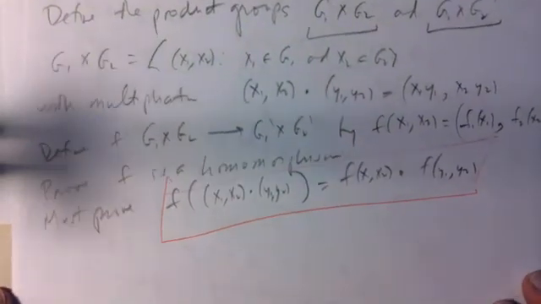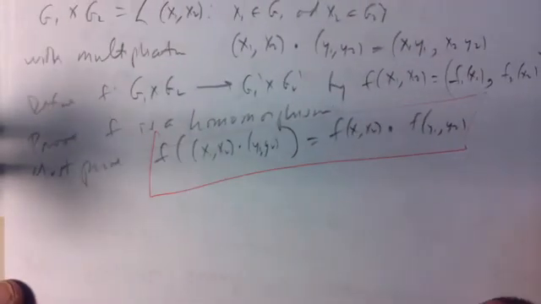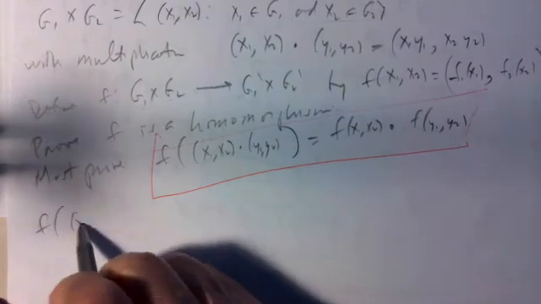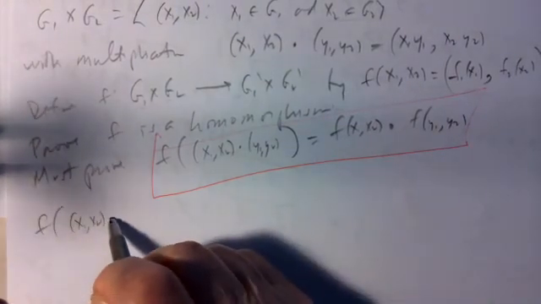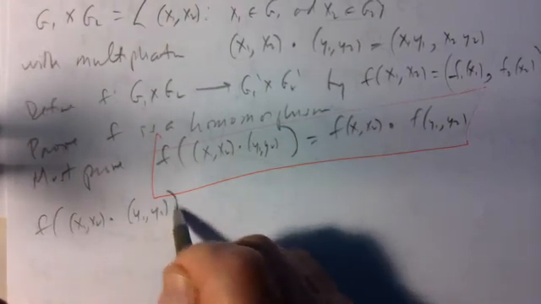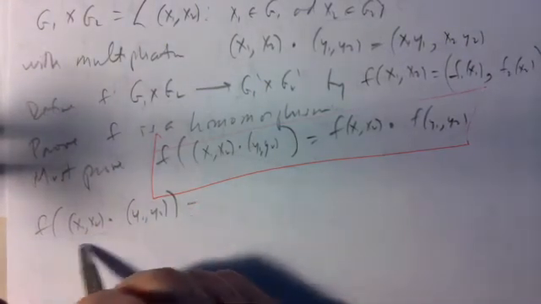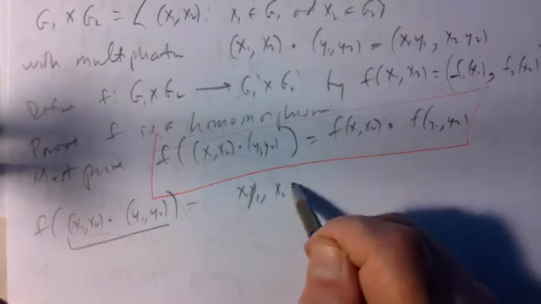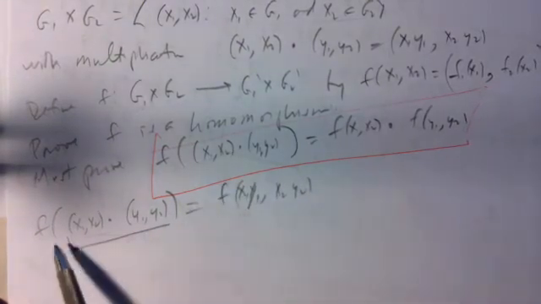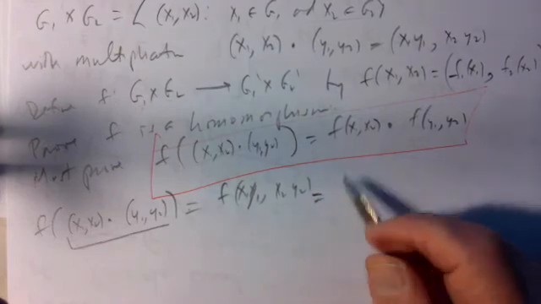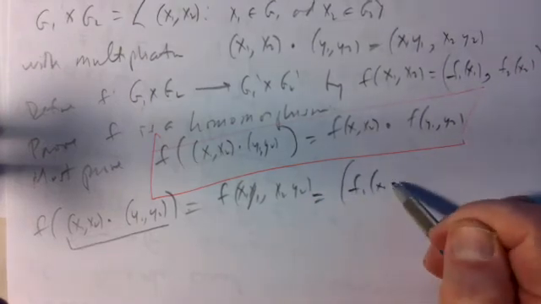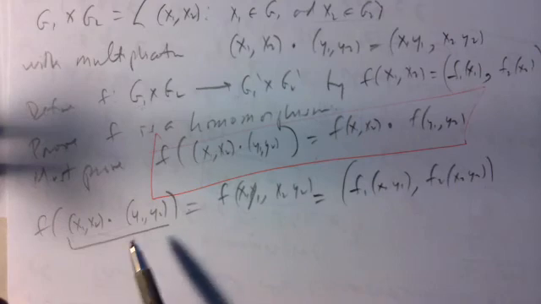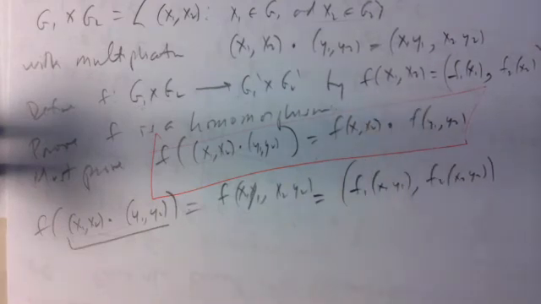And that's just a calculation that we have to do. So let's calculate, what is this? f of x1, x2 times y1, y2. When we multiply in G, this element is x1 y1, comma, x2 y2. So we're taking f of this element, which is f1 of x1 y1, comma, f2 of x2 y2, because that's how the function f was defined.